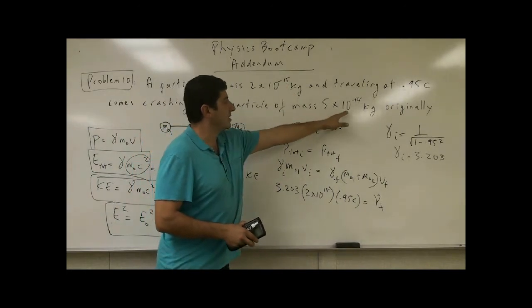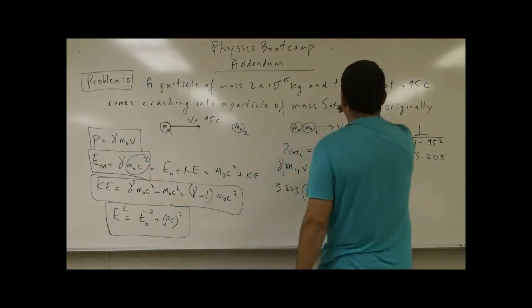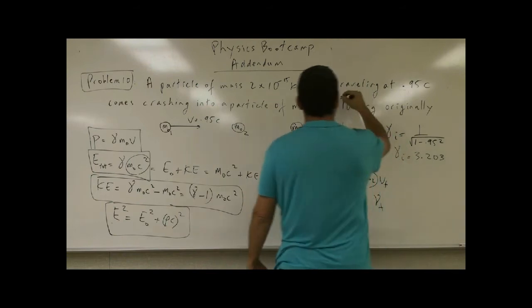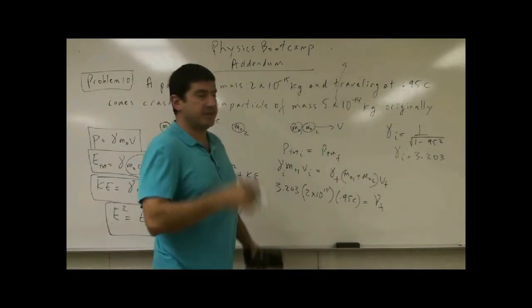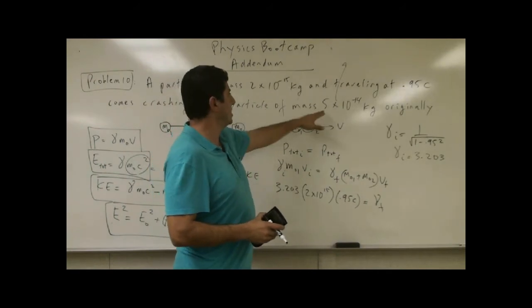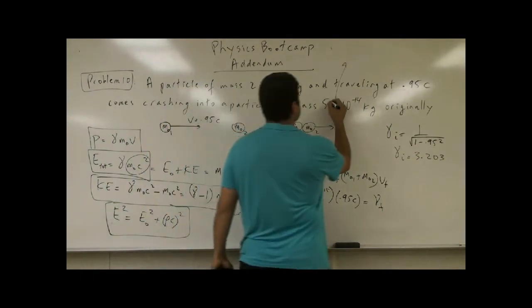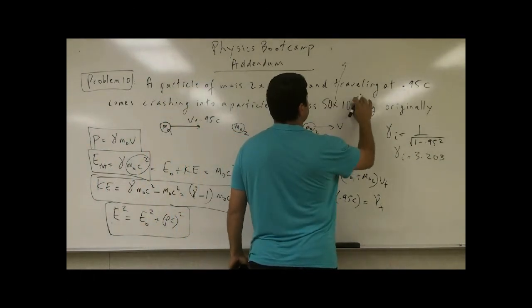And what is this? Well, this is actually heavier. So we could write this so that it's the same power of 10 as this one. It'll be better that way. If it's 5 times 10 to the minus 14, what is it? Well, I can add a 0 here, and then it'll be 10 to the minus 15.